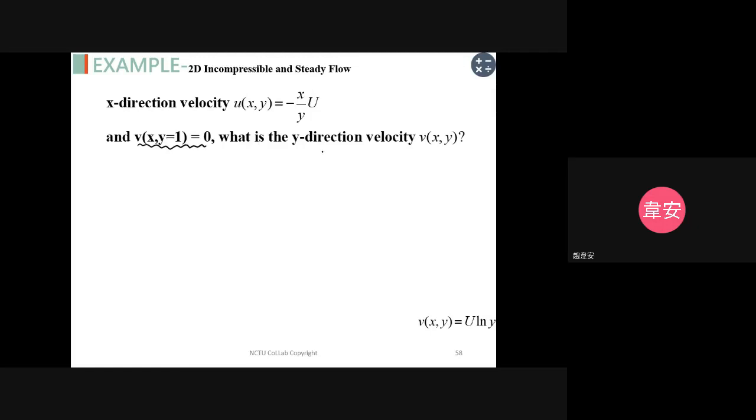And what is the y-direction velocity? Based on these assumptions, the flow satisfies that the divergence of the velocity field is equal to 0.